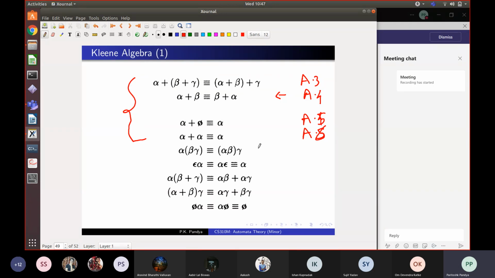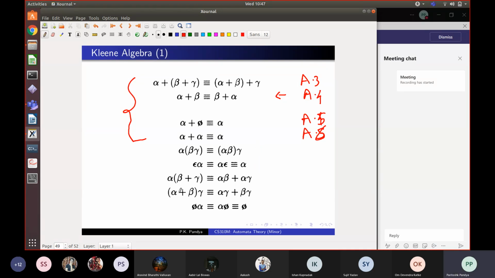So again, these two rules are simple. And again, this says that we have a kind of monoid under catenation. So I think these are simple rules. You can check that these rules hold from the meaning of the operators that we have defined. So these algebraic rules are true for regular expressions.